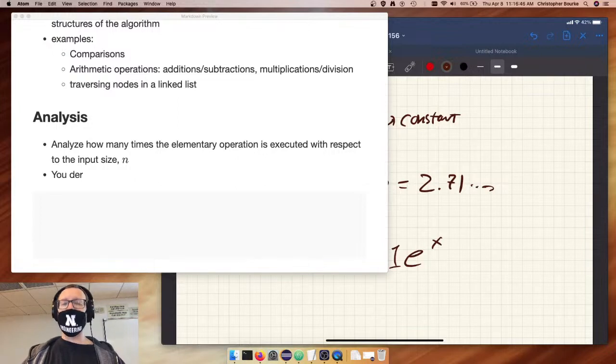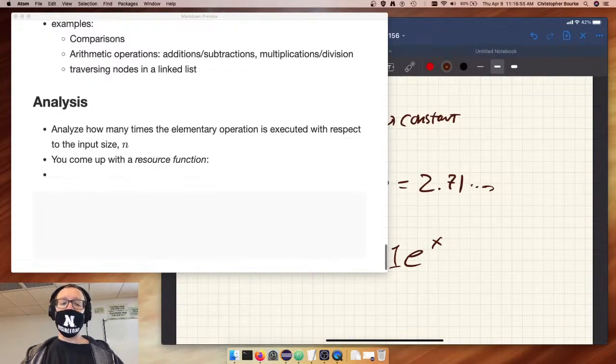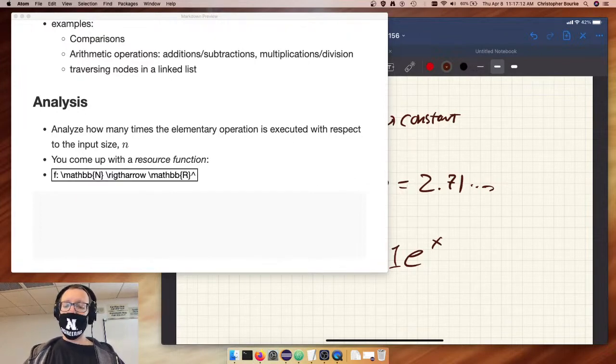You derive, or I don't even want to say derive, you come up with a resource function, a function that looks something like this. F is going to map, and I think I've got full LaTeX here, it's going to map natural numbers to positive real numbers. There we go.